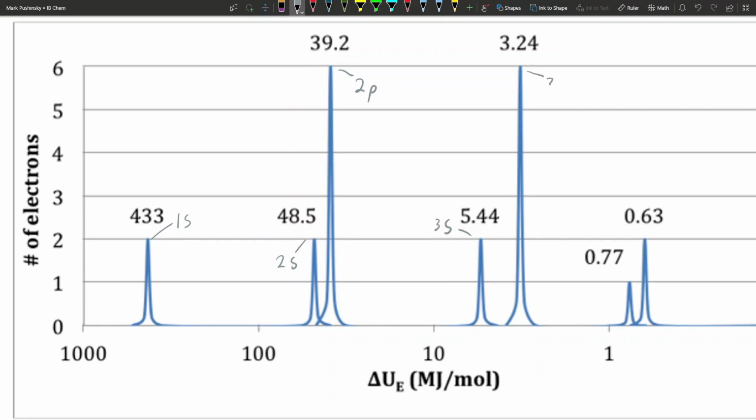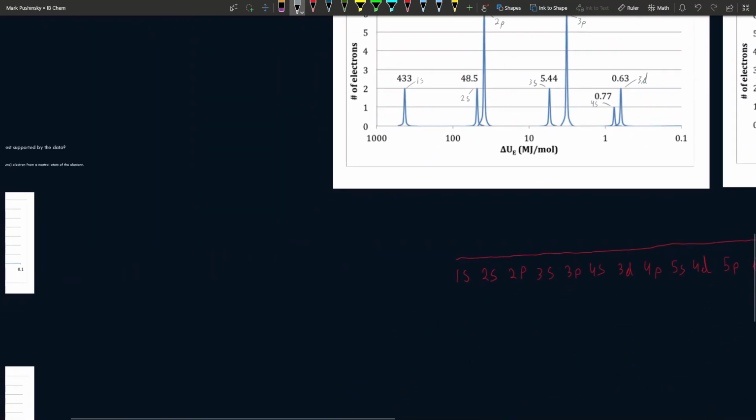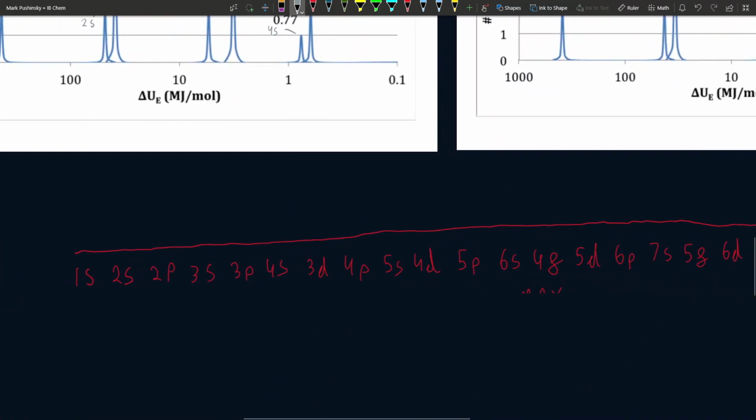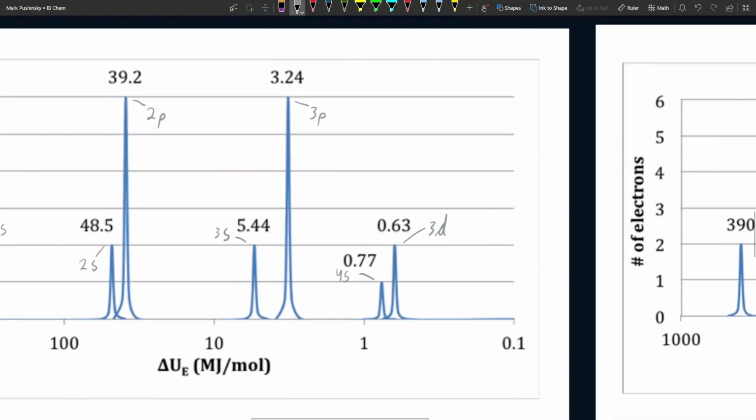And this would be 3p. And 4s, and this one would be 3d. So that follows the order, which is down here, how it's formatted: 1s, 2s, 2p, 3s, 3p, 4s, 3d.